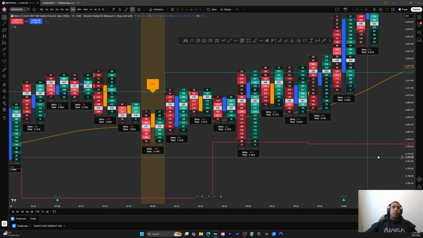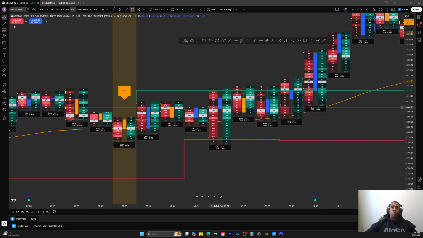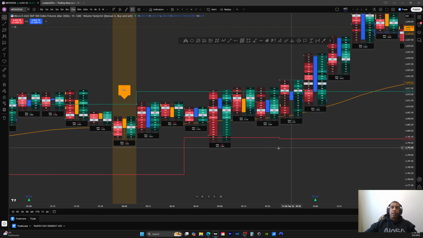This candle right here, the price closed above the value area high. So for me, that means ES is accepting higher prices. And what happened after that? Price shot up. Another thing that I also look for is delta. So when the delta is negative on the candle, but the price still closes green, that's a good divergence to go up.